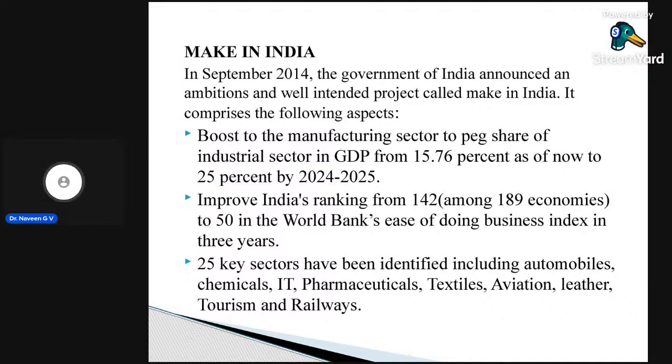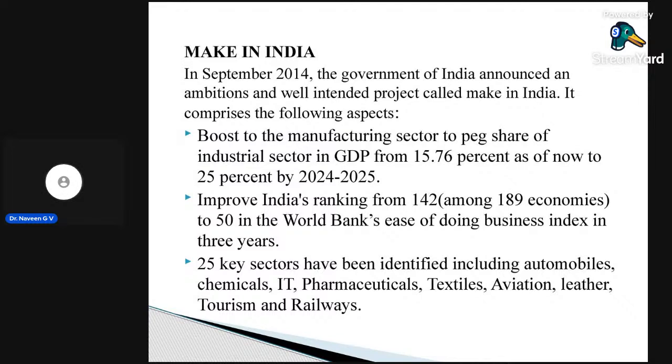Improve India's ranking from 148 among 189 economies to 50 in the world, using the ease of doing business index, in 3 years. 25 key sectors have been identified, including automobiles, chemicals, IT sector, pharmaceuticals, textiles, aviation, leather, tourism, and railways.